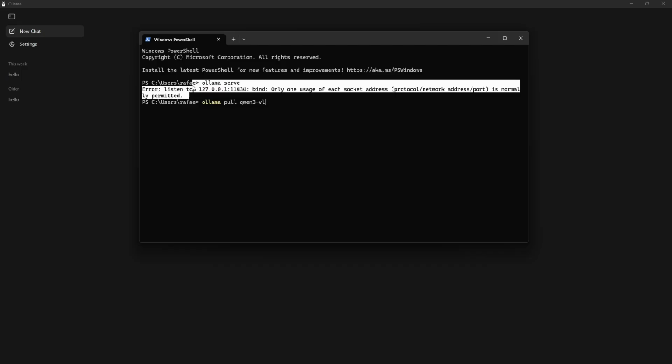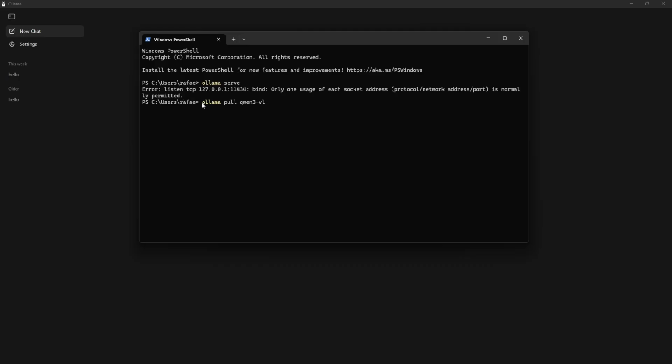So if you have this error message, it actually means that Ollama is running. And you can download, so to say, models by using ollama pull and then the model name. Okay. So if you go to Ollama's website, they have a list of models that you can check, and then you can take the name and use it here.